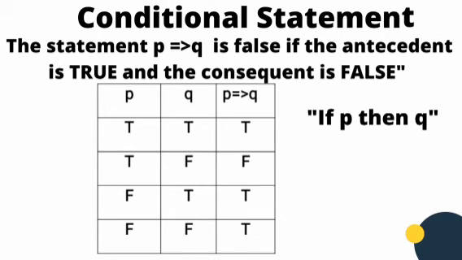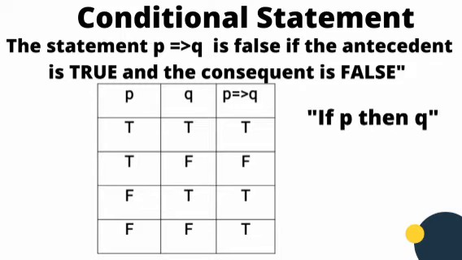Conditional statements. I will start by saying that the simplest way to describe a conditional statement is if P, then Q. The statement P implies Q is false if the antecedent is true and the consequent is false.